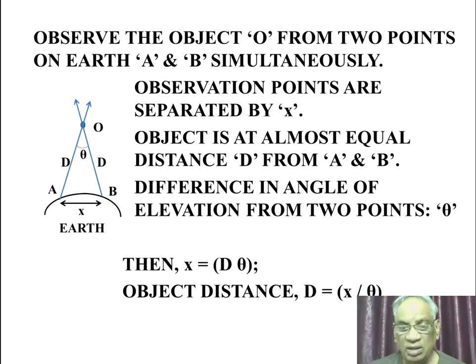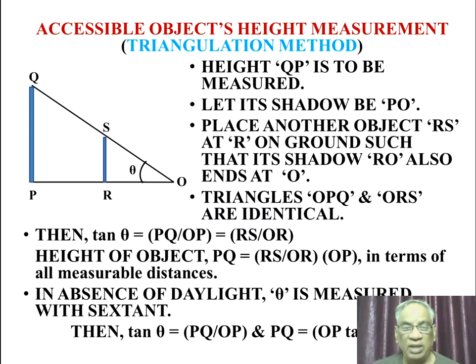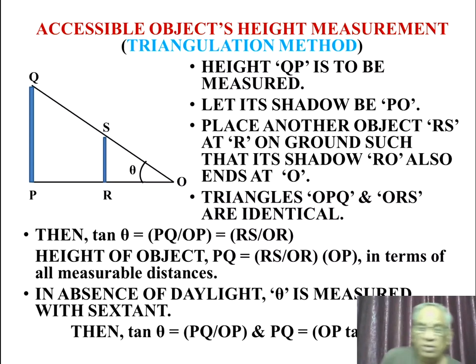Then, if you have a large building whose height has to be determined, it is very difficult to use a direct method to determine the height of the building, like PQ. What you can use is the shadow method, using the triangulation method.